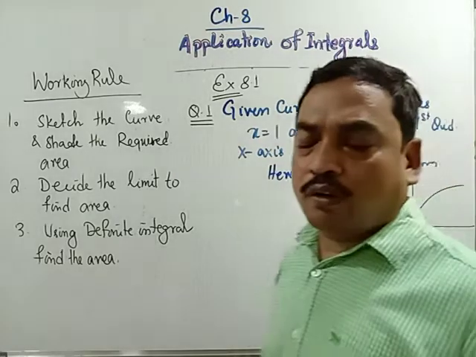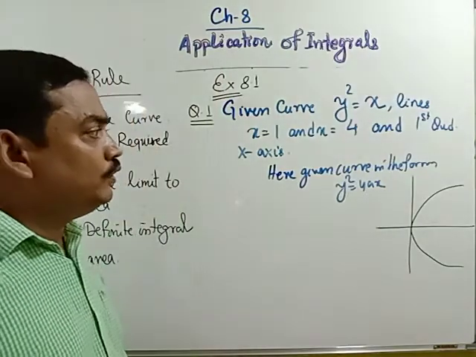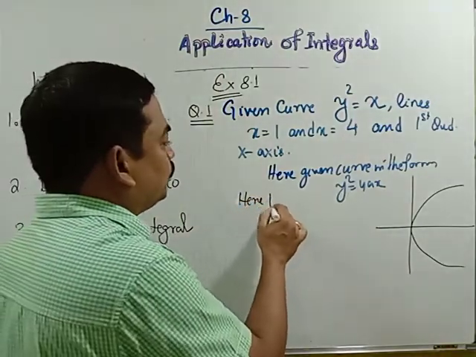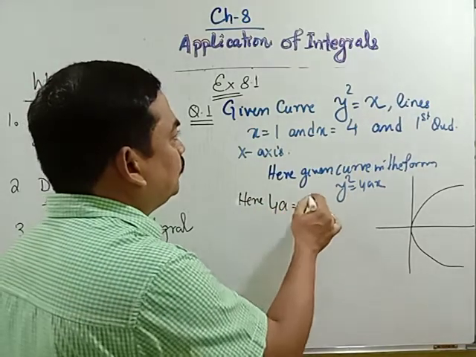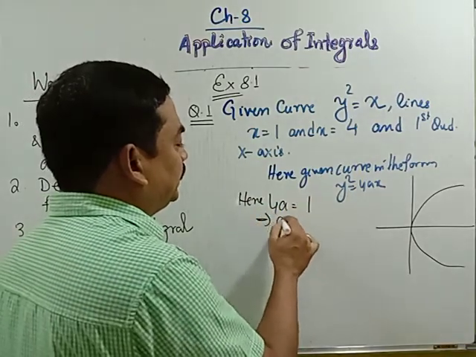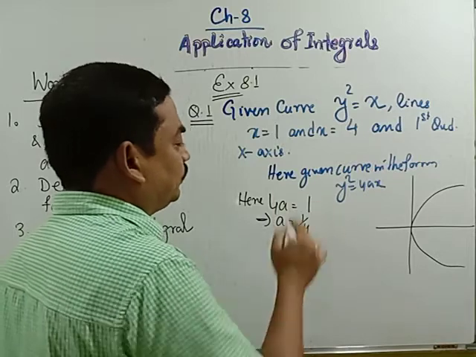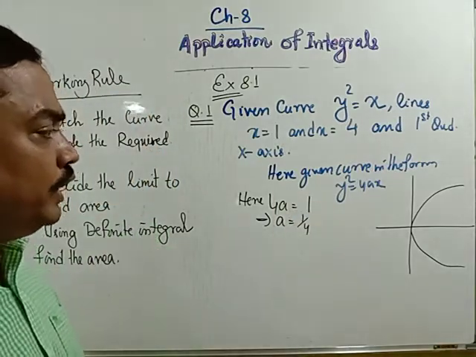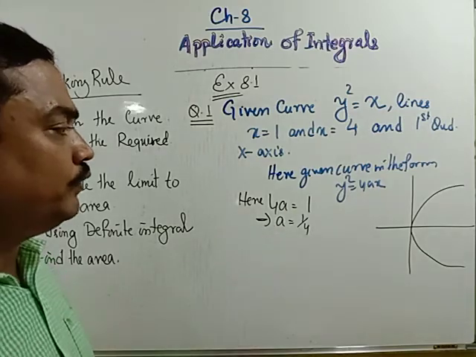This will be in the form y square is equal to x here. Means 4a is equal to 1, which implies a is equal to 1 by 4. For this parabola, the focus is not required, only a is equal to 1 by 4 here.